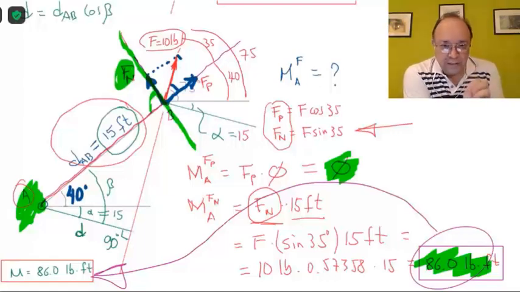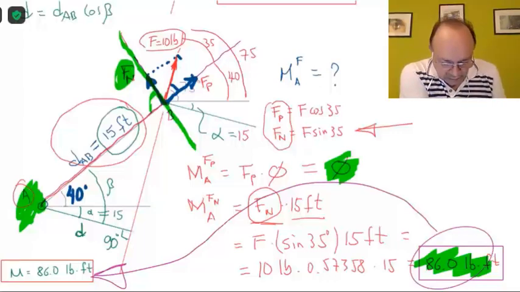We first calculate the moment as force times distance perpendicular to line of action. And then this new version here is the moment calculated as the summation of the moment produced by two components, one perpendicular to the line AB and another parallel to the line AB.